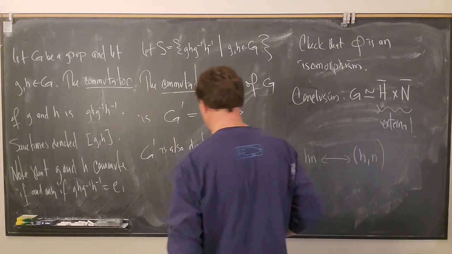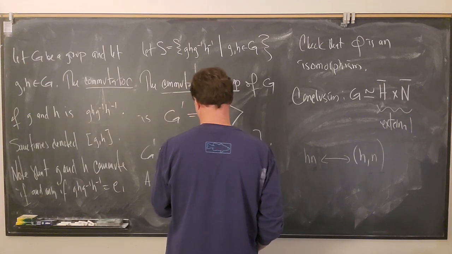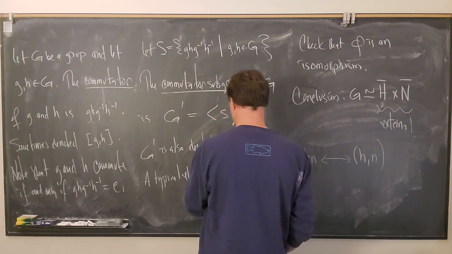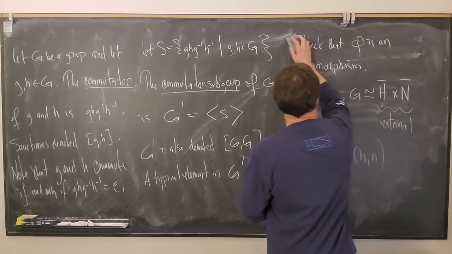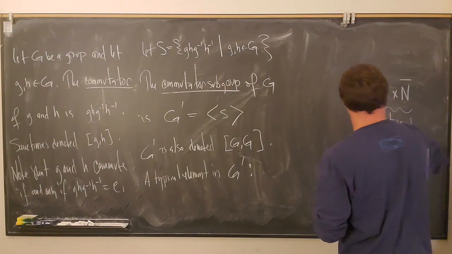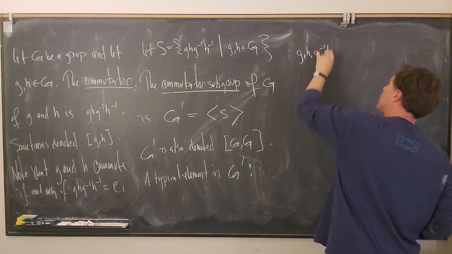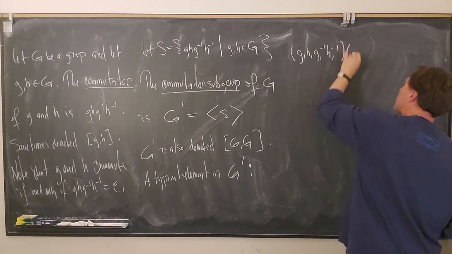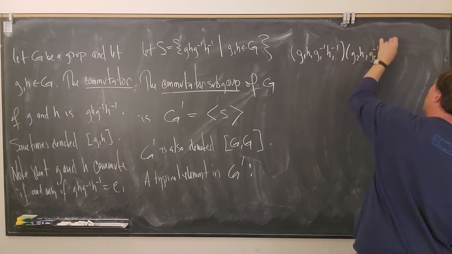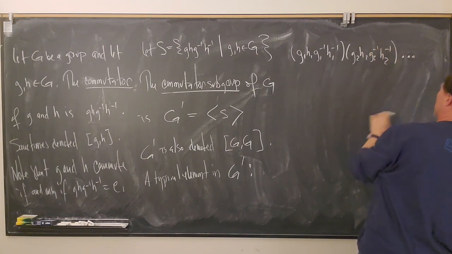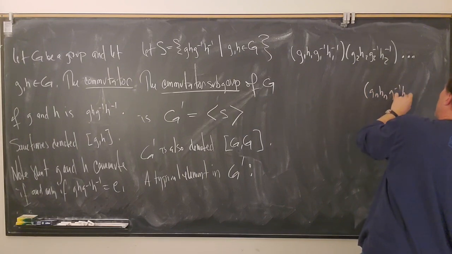So a typical element in G prime would be something like g1 h1 g1 inverse h1 inverse times g2 h2 g2 inverse h2 inverse, dot, dot, dot, sorry, I ran out of room, gn hn gn inverse hn inverse.